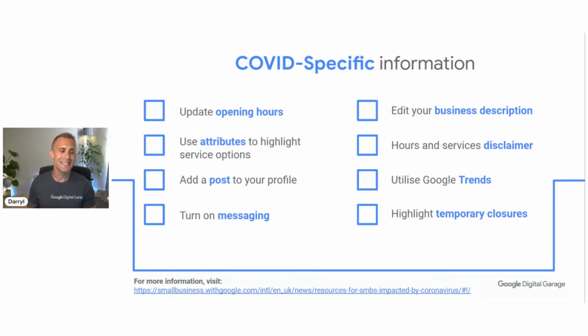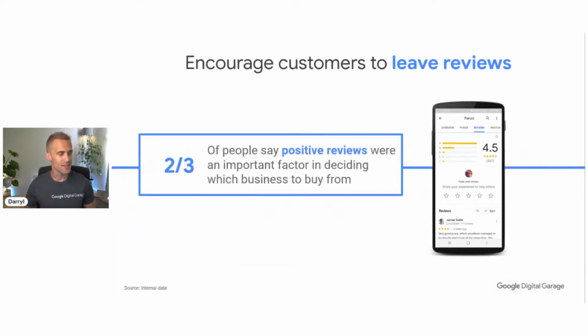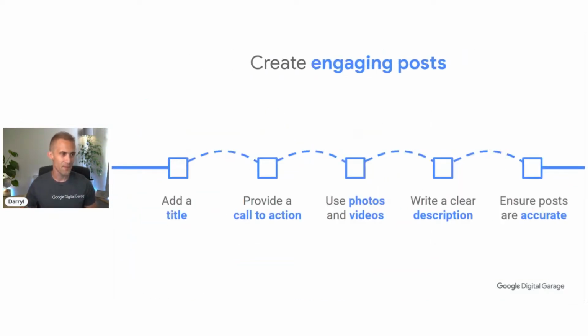Next up, highlight temporary closures. All of this information is essentially going to allow you to update your profile so your customers will know exactly what's happening. Next up is creating engaging posts. Oh, went a little bit too fast there. So in creating engaging posts, just like you post on social media, you have the ability to post within Google Business Profile.